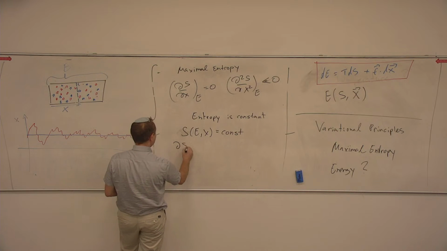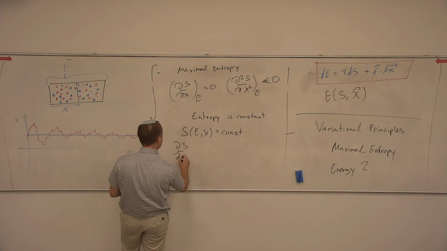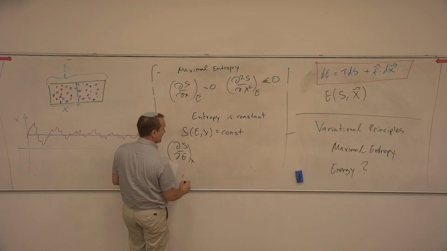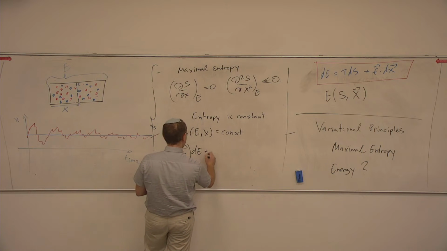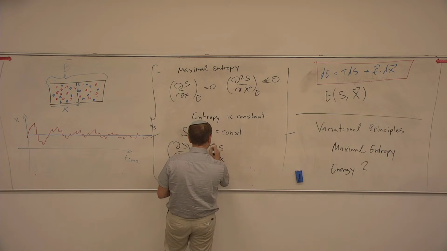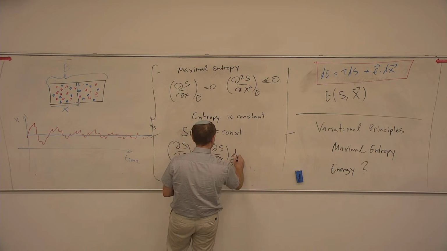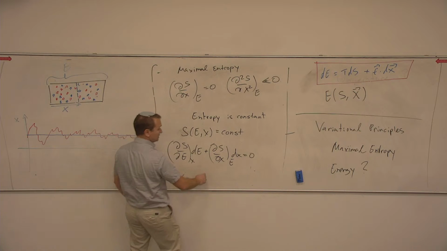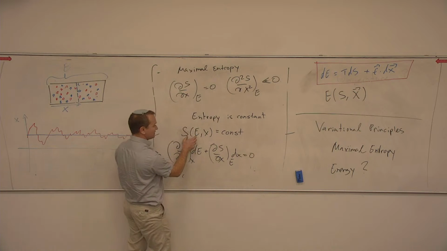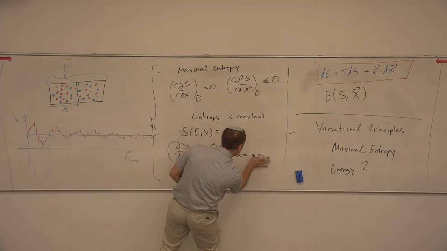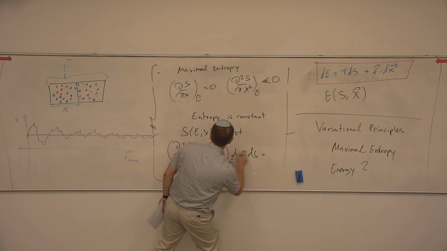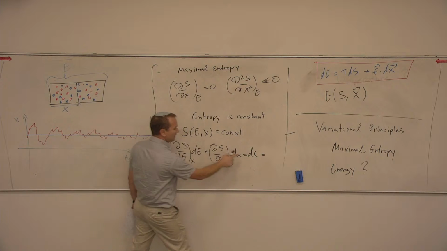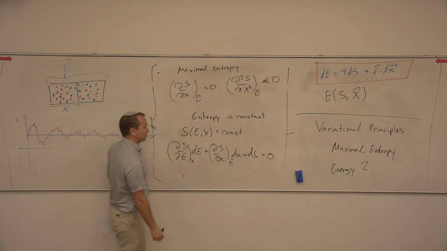So we know that ds/dE keeping x constant, times dE, plus ds/dx keeping E constant, times dx, equals 0. This is simply ds, and since s is constant, ds is 0.